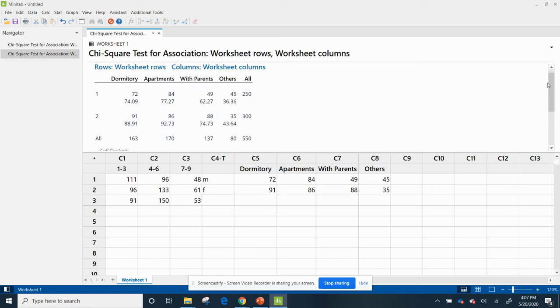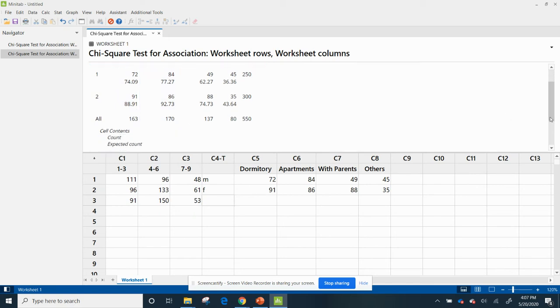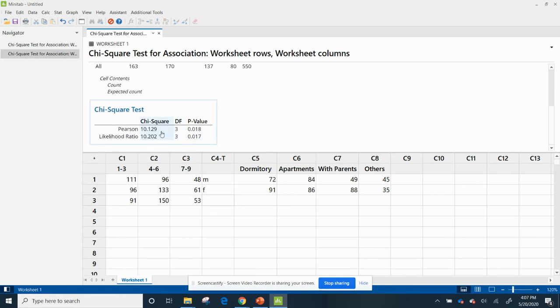The totals for dorm show 163 males and females live in the dorm, apartments 170. I don't even have to do it by hand; it gives it to me, which is great. I keep going down and look: Pearson chi-squared is 10.129, degrees of freedom is 3, and my p-value is 0.018.